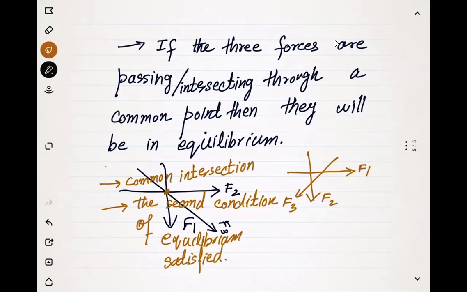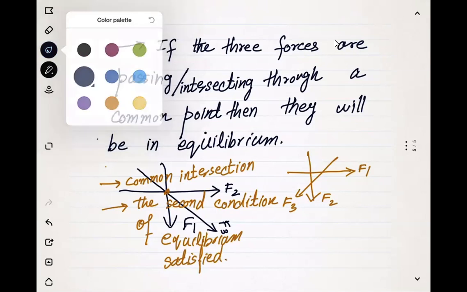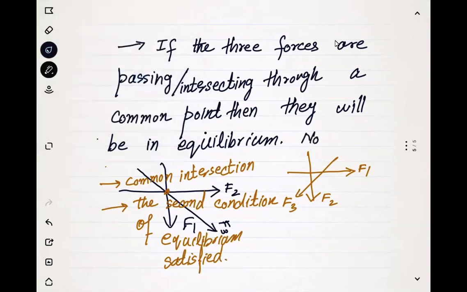And when the forces do not have a common intersection, then we can say that, in the second case, you see there is no common intersection. There is no common intersection.